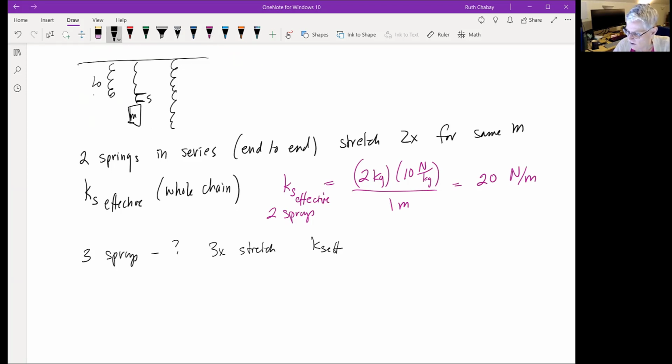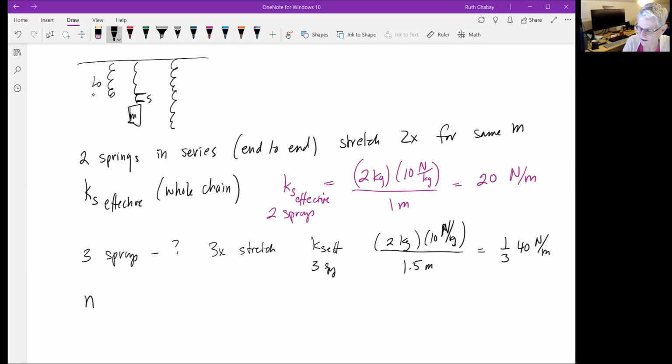The effective spring stiffness for 3 springs, 2 kilograms, 10 newtons per kilogram over 1.5 meters. So now, what's the spring? Yep. So we've got 1/3 times 40 newtons per meter.